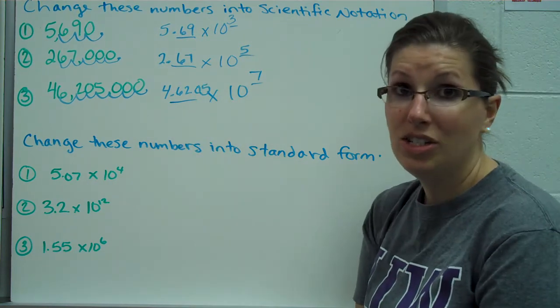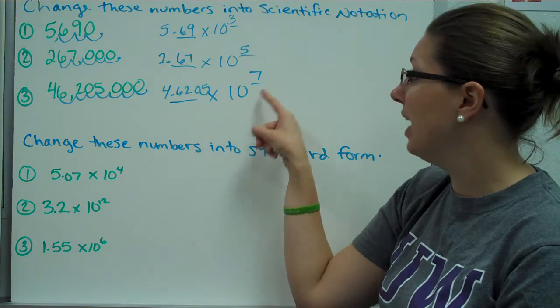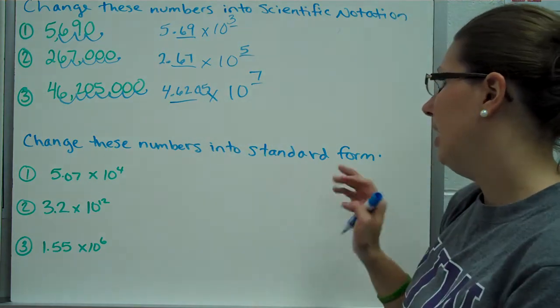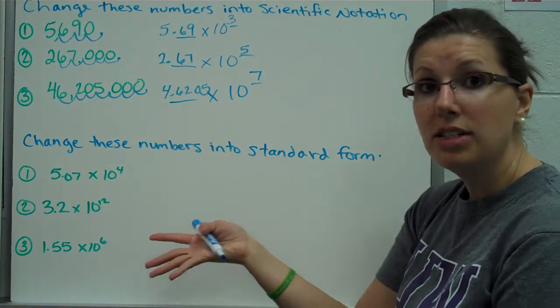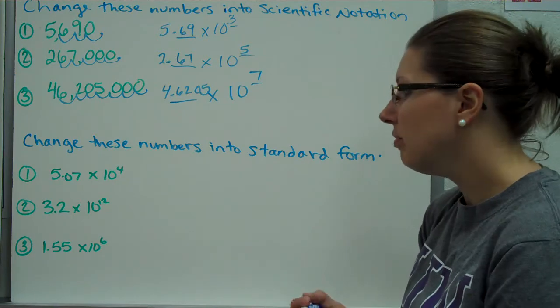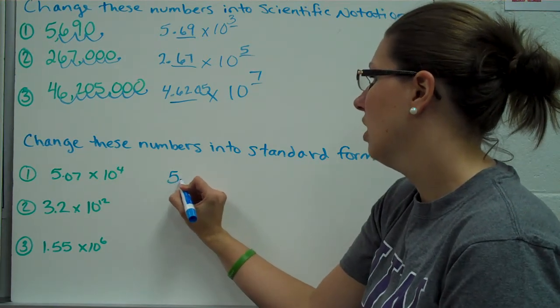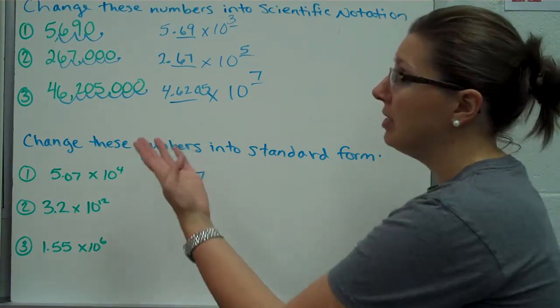All right, did you get what I got? 4.6205 times 10 to the 7th power. All right, let's change these numbers that are in scientific notation. Let's change them into standard form. To do that, I'm just going to start with my number here, and I'm actually going to do the opposite of what I was doing before.